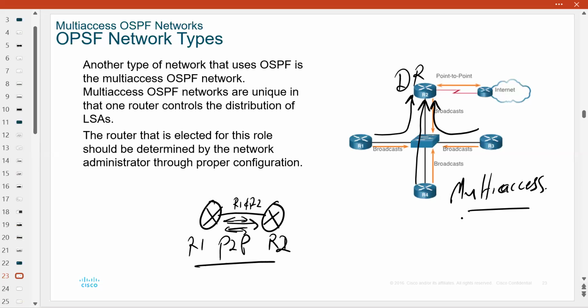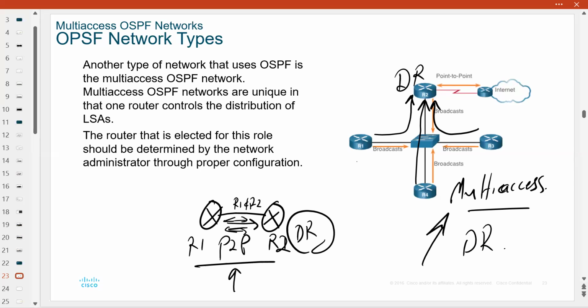Then the designated router chooses to broadcast those updates or advertisements. So this basically summarizes what a multi-access network is and the difference between that and a P2P. In P2P, no need for a DR, but in multi-access, there is need for an election process to identify the designated router and the backup designated router.